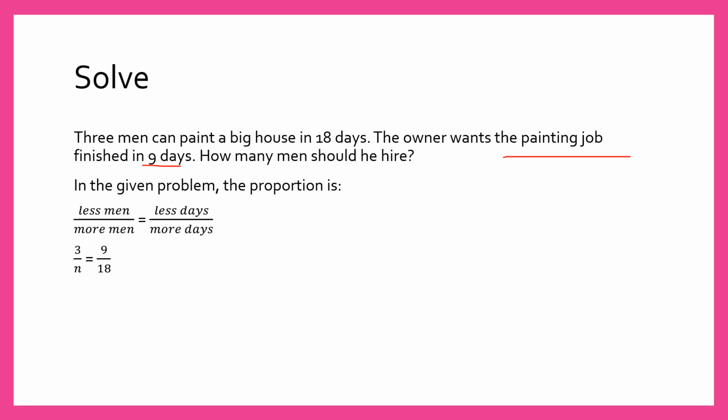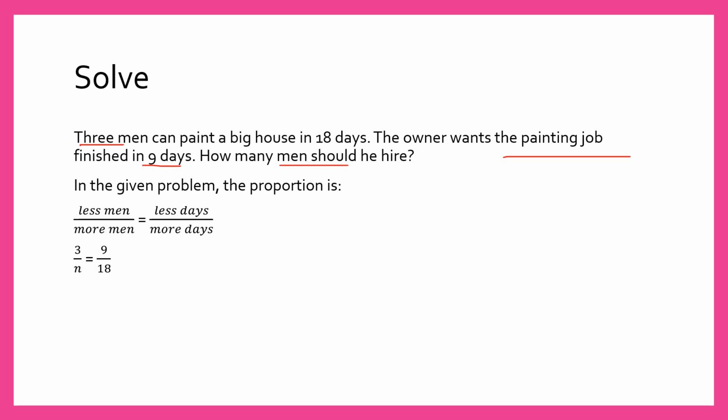Okay, so that means in a proportion, we can say that here we have less men over more men, less days over more days. So that is 3 men here over n, because we need to find more men, no? So that means n is equal to 9 days over 18 days. Okay, so less days, more days.